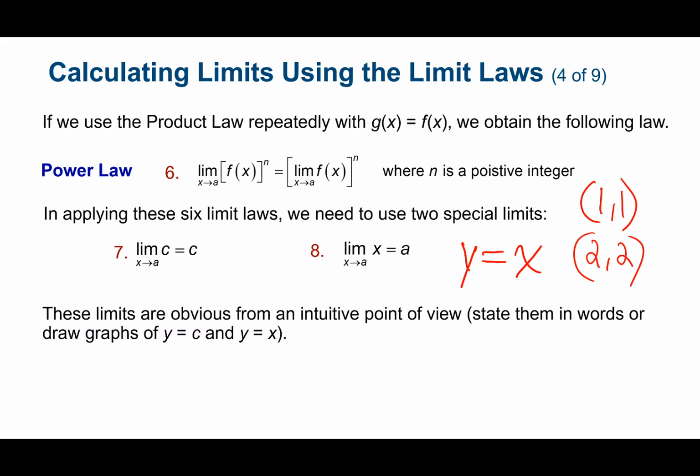We can figure out a lot of different limits by putting these things together. Anything where we add, subtract, multiply, divide, or raise to a power, we can do any combination of that and figure out the limit. That's a lot going on.